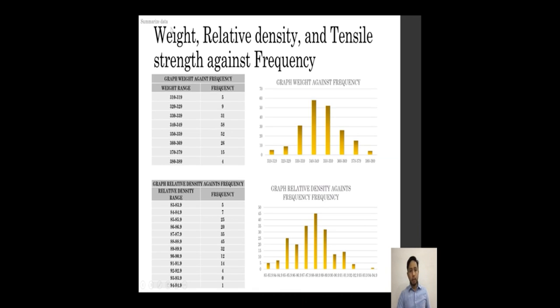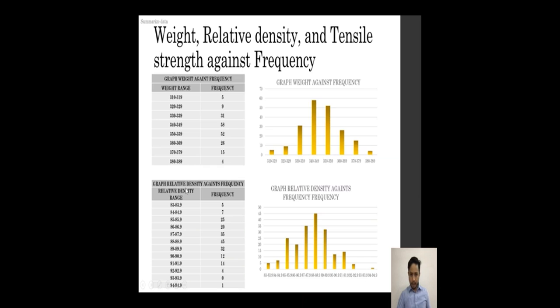Okay, for weight, relative density and tensile strength, we already divided the sample into ranges where we can get the frequency. From the weight range, the highest frequency is at 350 to 349.